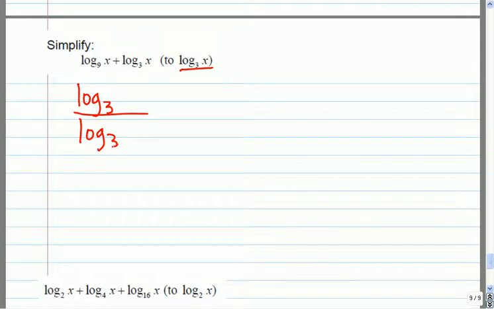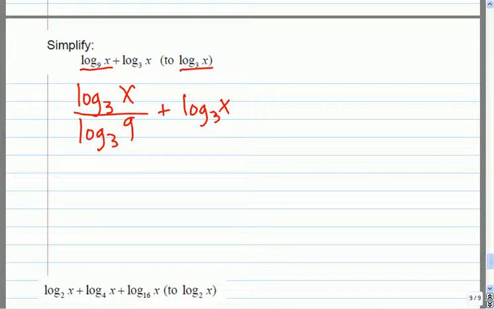So what goes to the top? Sorry if I'm not making it clear here. I'm working on the first piece. What goes to the top of this fraction? X goes to the top, and 9 to the bottom, plus log base 3 of x.